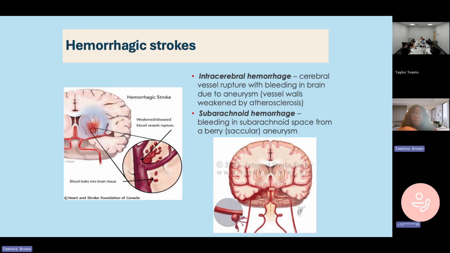Okay. The difference with hemorrhagic strokes is that when it's in the subarachnoid space, as far as the clinical signs and symptoms, there can be a loss of consciousness, but the person will complain that it is the worst headache they have ever had in their life. If they suffer from migraines as well, they'll say that the headache is worse than any migraine they've ever had.